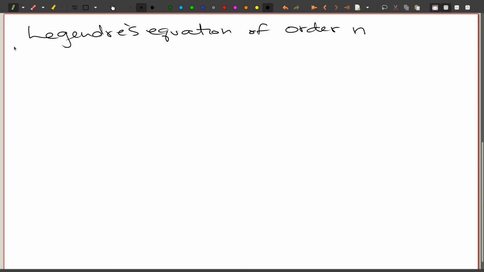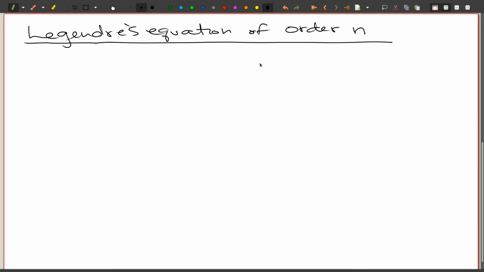First up, we're just going to talk about the specific ODE that we're solving, and it's going to be what's called Legendre's equation of order n. Man, that's big writing.